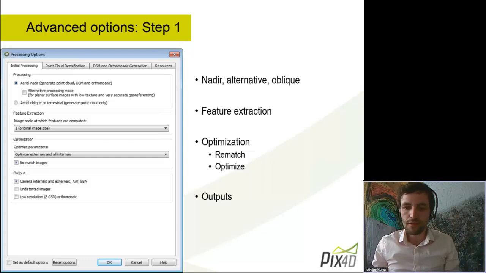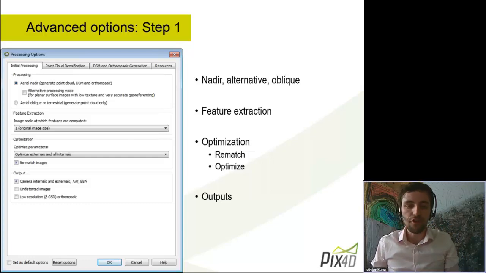But by default, there's very little time where we need to change this option. It may happen if you have extremely small images as inputs, maybe 600 by 400 resolution, 1 megapixel. For this type of imagery, you can select the feature scale of 2. This sometimes helps for extremely small images.